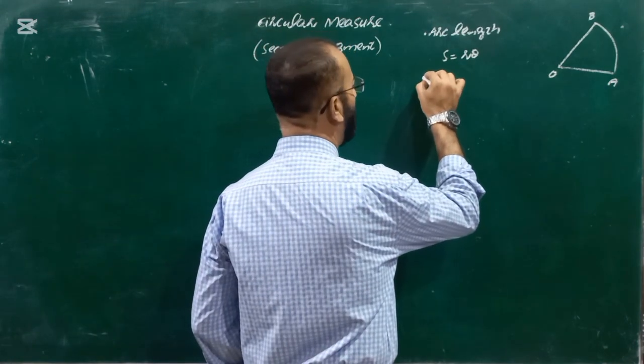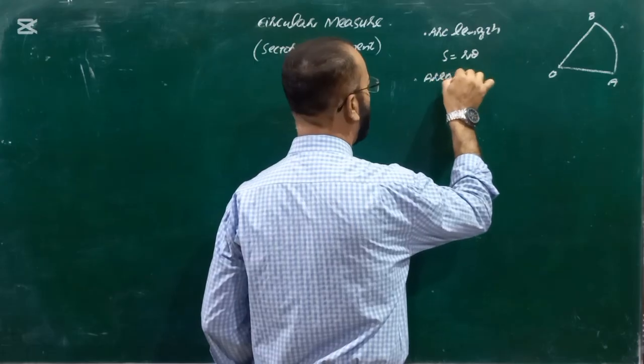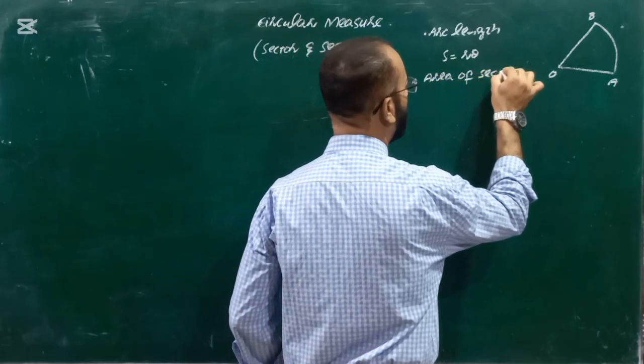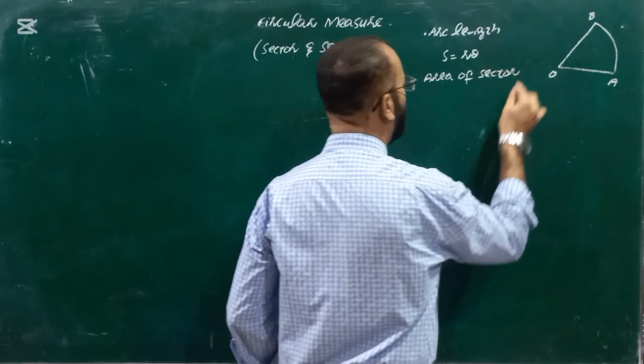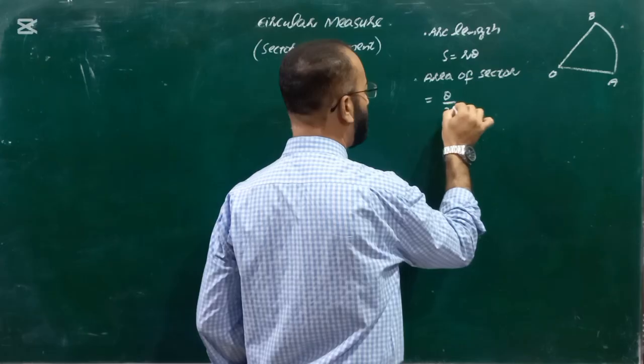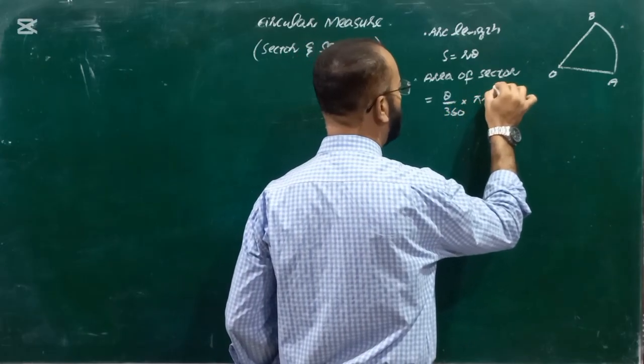Next, area of the sector. So formula is theta over 360 into pi r square.